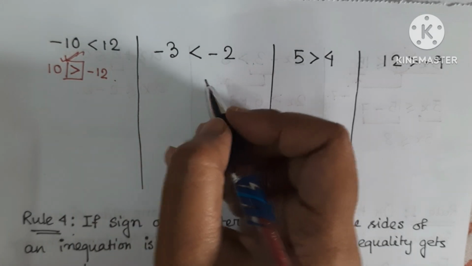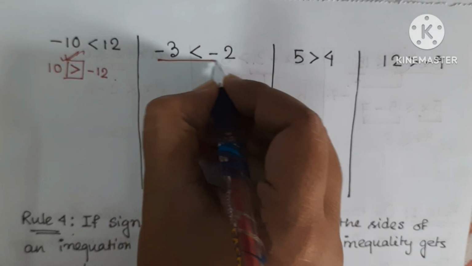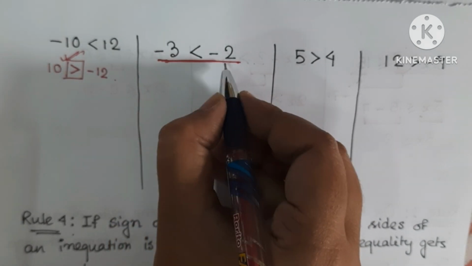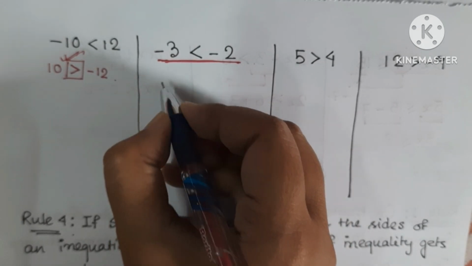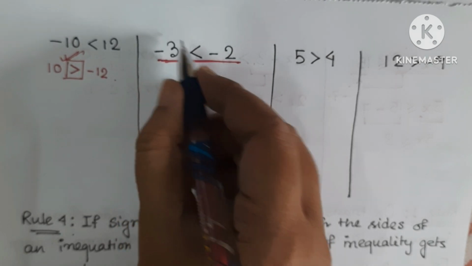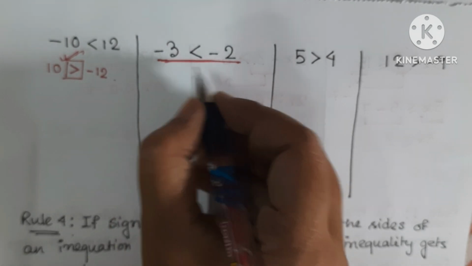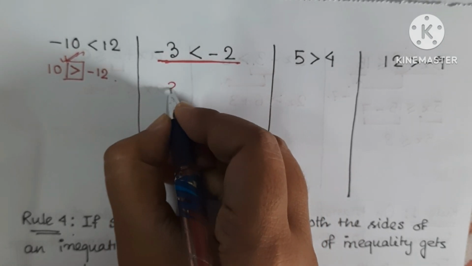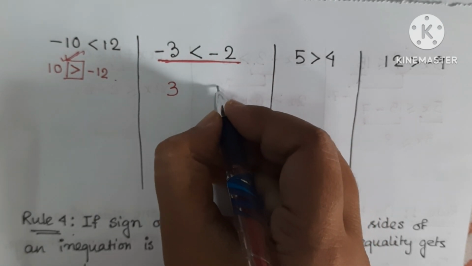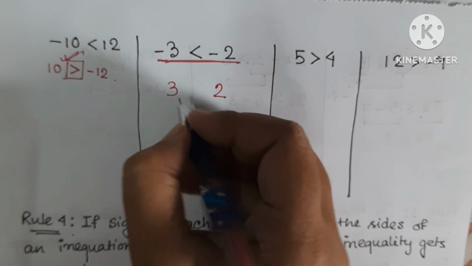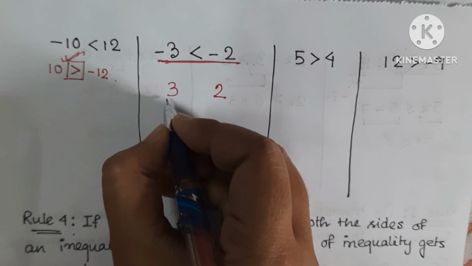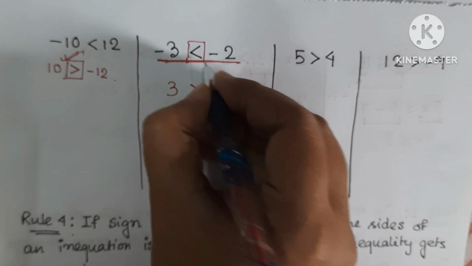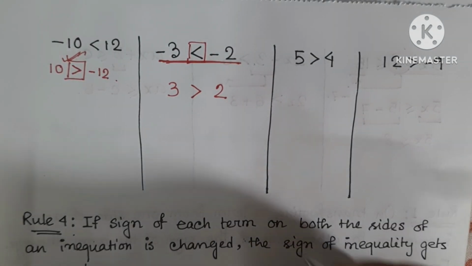Now in case of this inequation, minus 3 is less than minus 2, but if we change the sign of each term on both sides, then what will happen? Minus 3 will become 3 and minus 2 will become 2. Now 3 is obviously greater than 2. So the sign of inequation has changed here, right?